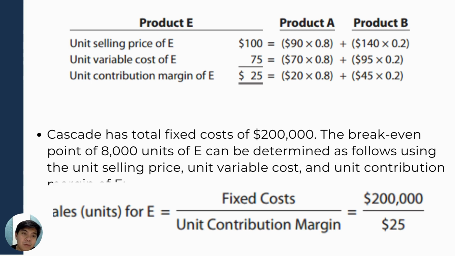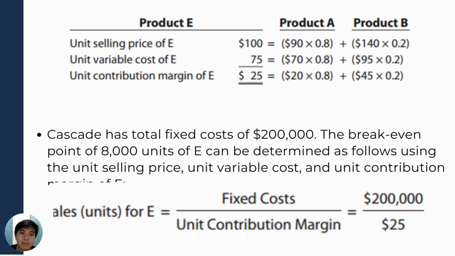To come up with the unit selling price of E, we multiply products A and B: product A, $90 times 0.8, which is the sales mix of 80%, and for product B, $140 times 0.20, which is the sales mix of 20%.